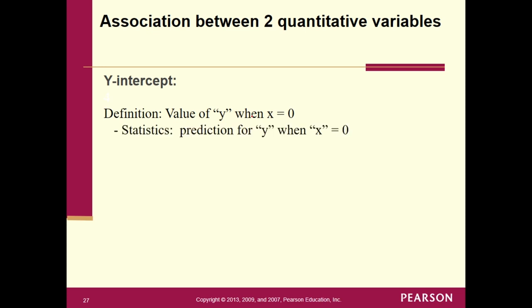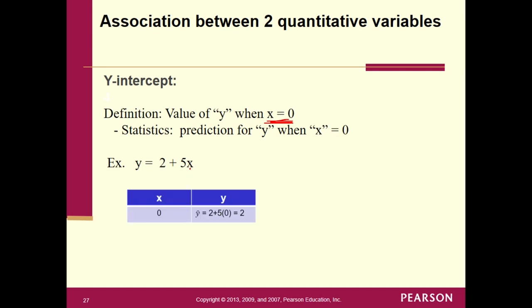Now in statistics, since we're putting in a value of 0 for x, what are we doing? We're making a prediction for y when x is 0. So if you went to our simple equation, y is equal to 2 plus 5x, all we're doing is filling in 0 for x. And so if you fill in 0 for x, what do you simply get back?